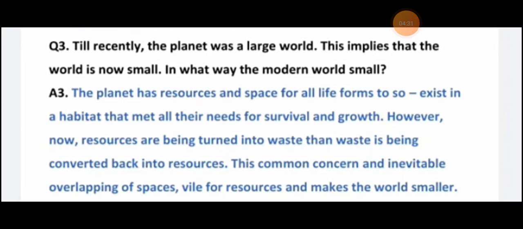However, now resources are being turned into waste faster than waste is being converted back into resources. Resources turned into waste means the overconsumption of resources gives rise to waste, and the waste can be converted into new products through the recycling process. This common concern and inevitable overlapping of space for resources make the world smaller.